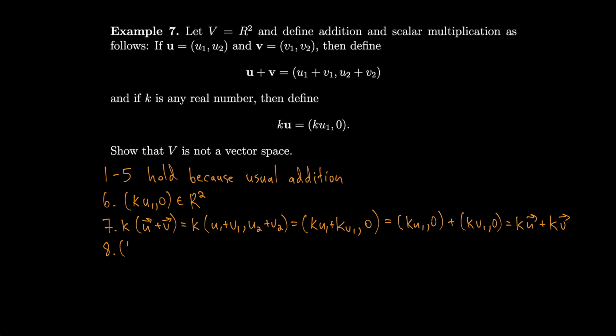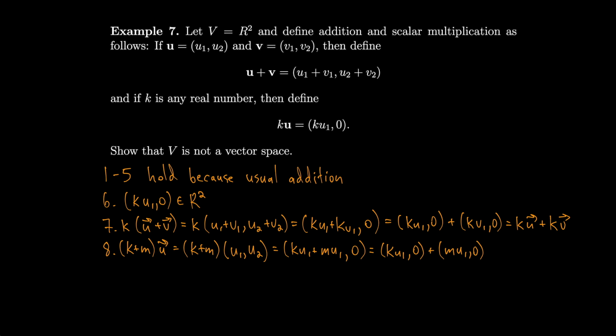Let's see about 8. So we have k plus m times u. That's equal to k plus m times u1, u2. But that's just ku1 plus mu1 when we multiply it by u1, and then u2 just becomes 0. So that's ku1, 0 plus mu1, 0, which is still ku plus mu.